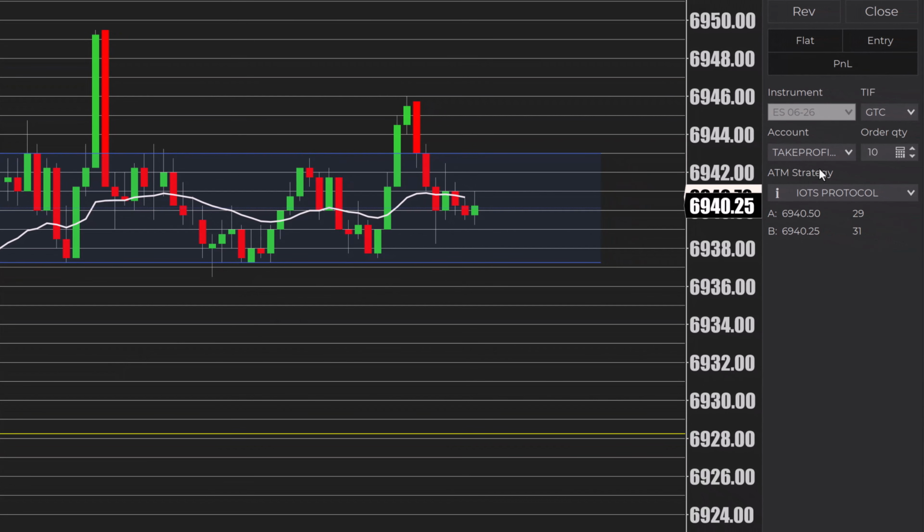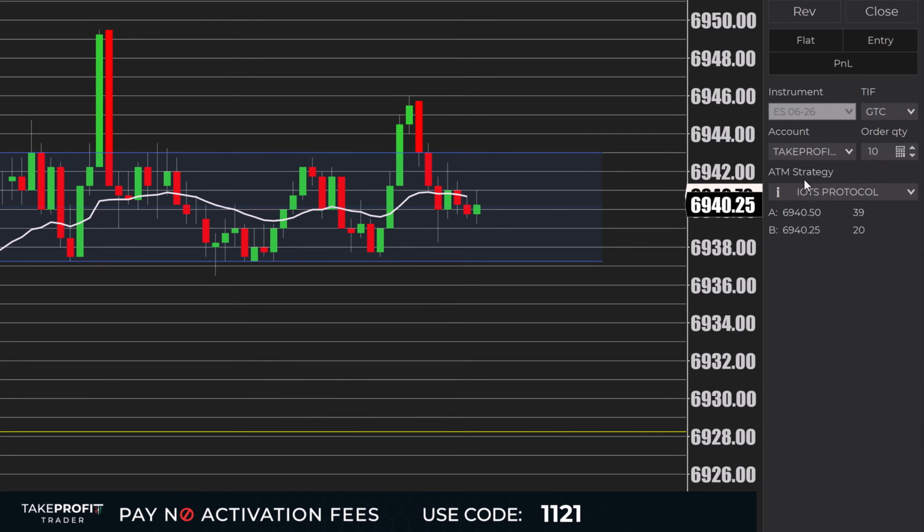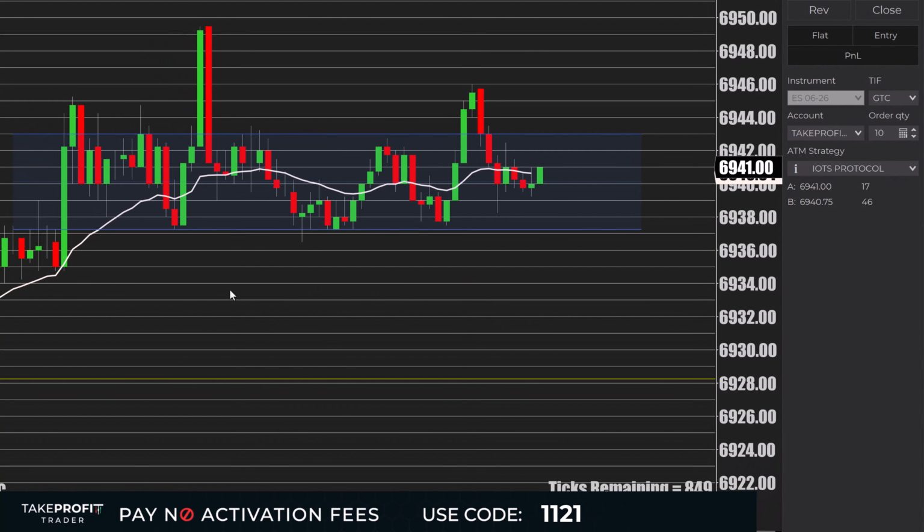All right. Account. Contract set. All right. ATM strategy set. Okay. So now we just have to wait to see where we're going to go. Right now, see, we're in this range, and it's important to just be patient.